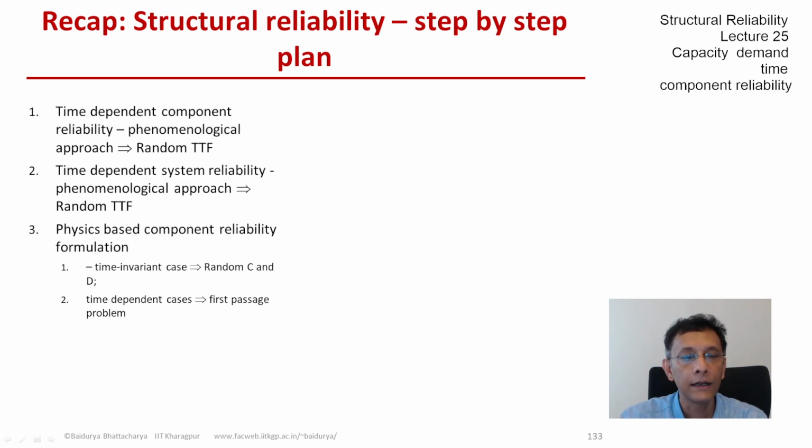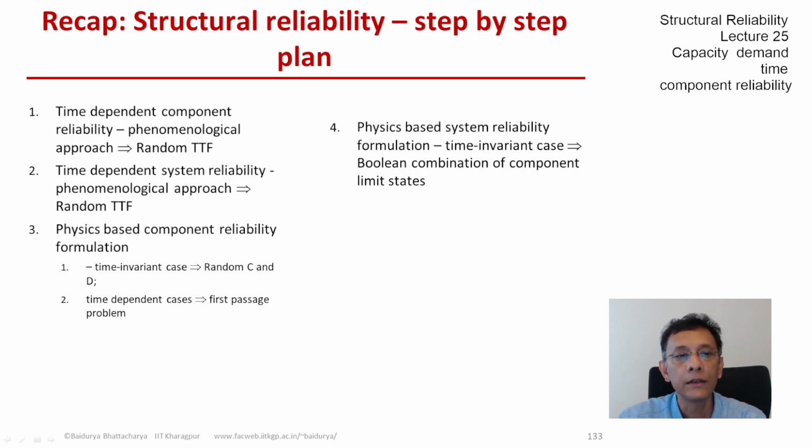In this part we have started the third step, where we look at the physics of the problem. We have looked at the time invariant case, which we called case 1, and now it's the turn of case 2. Later we're going to look at the system reliability formulation, again from this physics-based approach of capacity and demand.